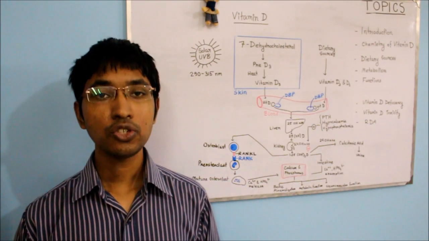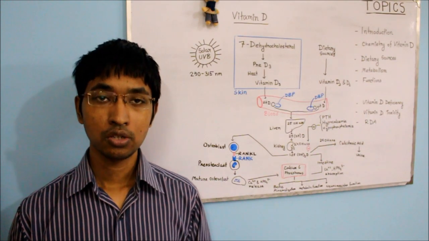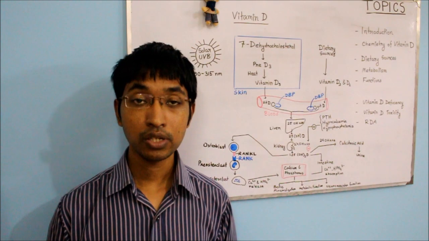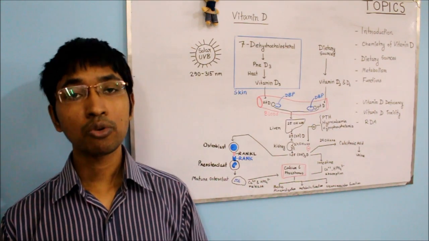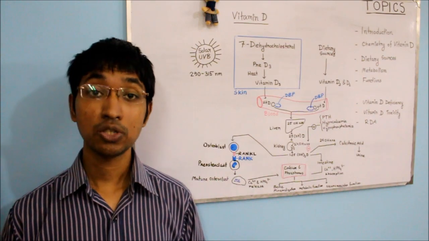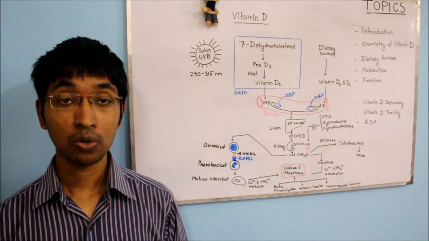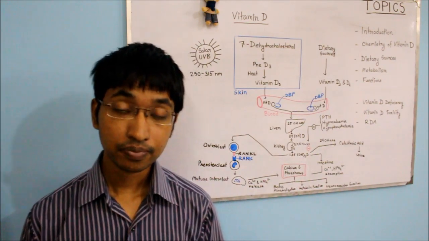Now, this deficiency can result from insufficient exposure to sunlight. It can also happen due to a diet that was deficient in vitamin D or calcium. Less common causes of vitamin D deficiency will include disorders of the kidney, because recall, the kidney has a role in activation of vitamin D.